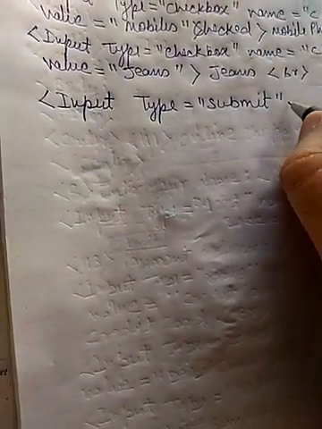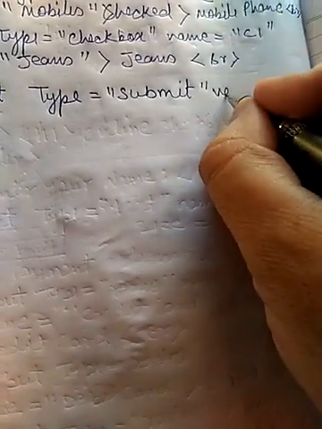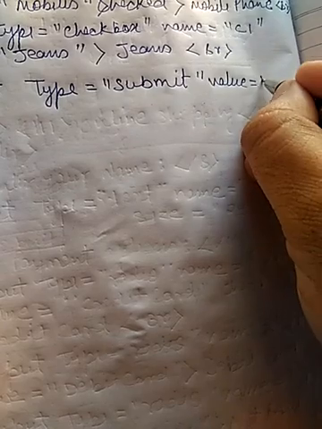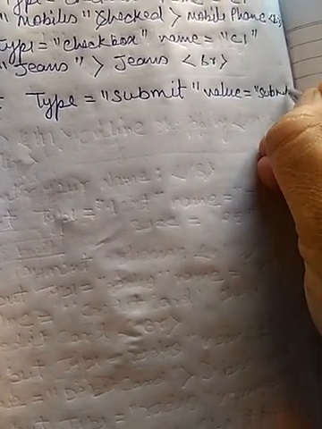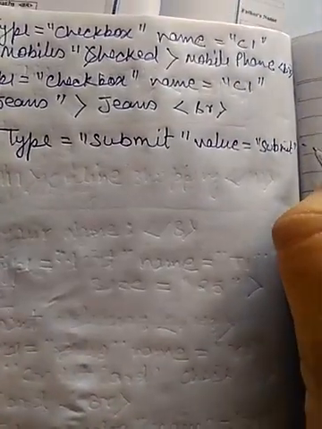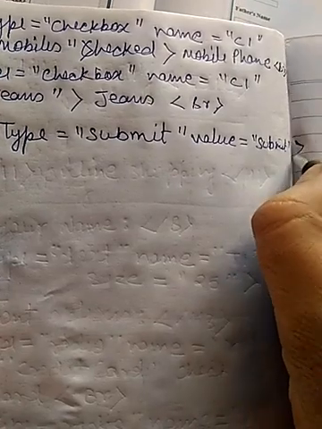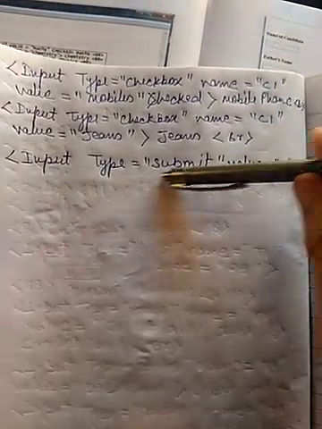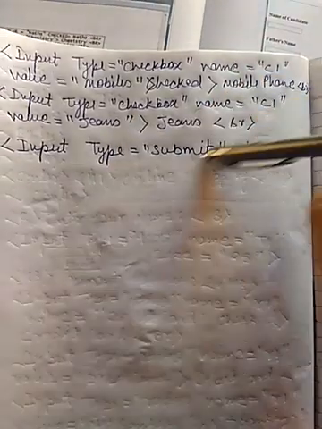Now the value means the value which is going to be passed from client to the web server, that is submit. And control close. So in this way you can create the button. So button can be created on a web page with the type as submit.